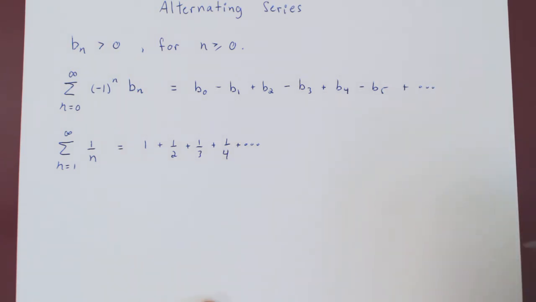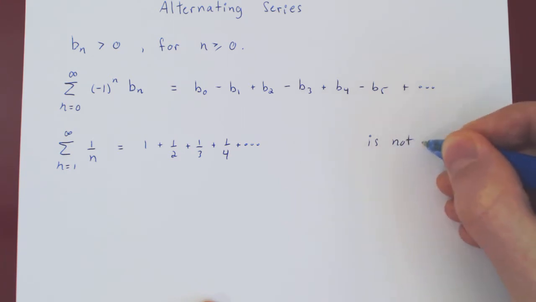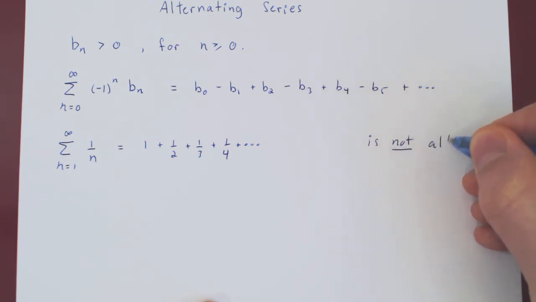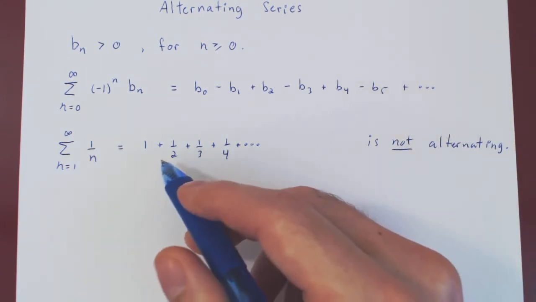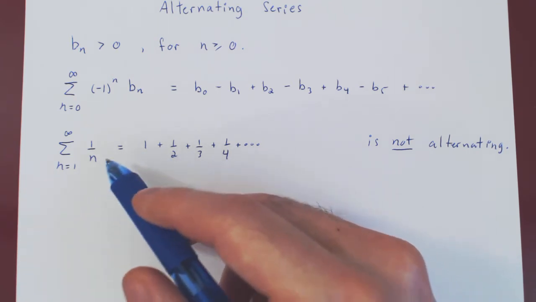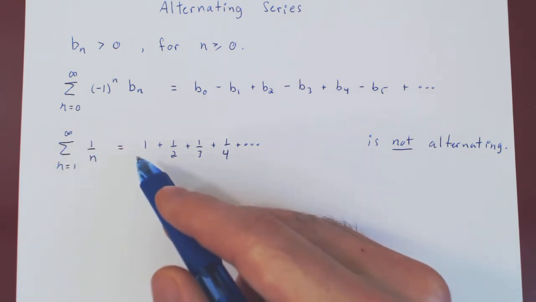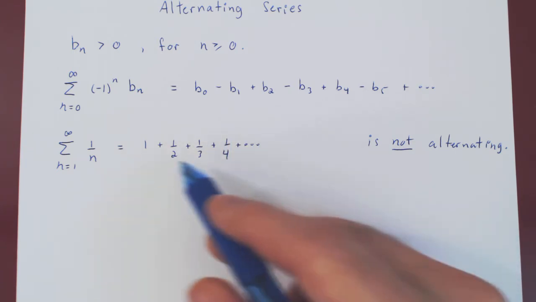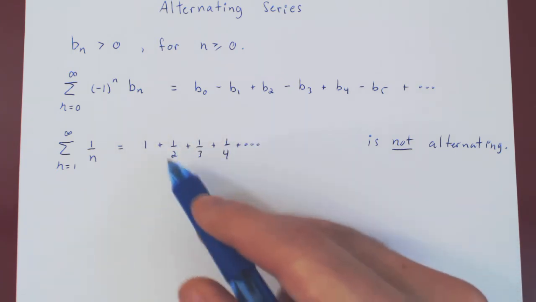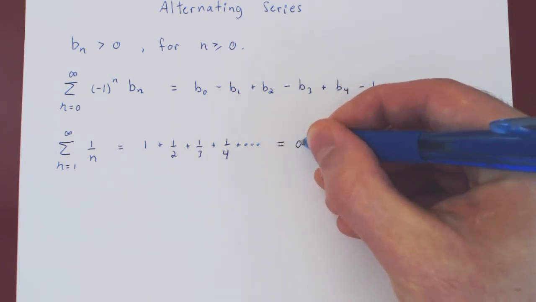So this series is not alternating. And we can say something more. This is the simple p-series where p equals 1, or the harmonic series. And we know that this series diverges. As we keep adding more and more terms, the sum becomes larger and larger, and the limit grows out of bounds, so this series actually blows up.